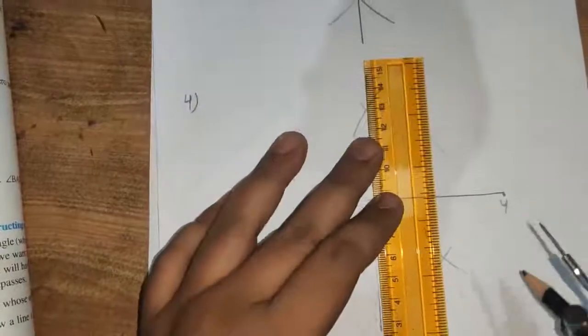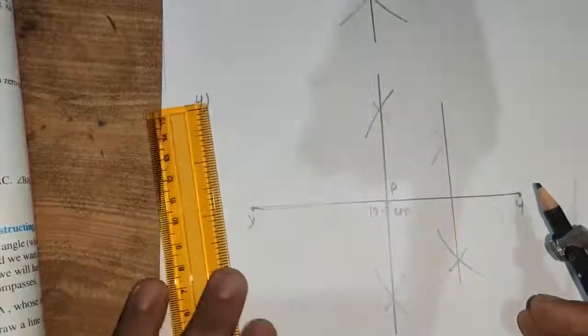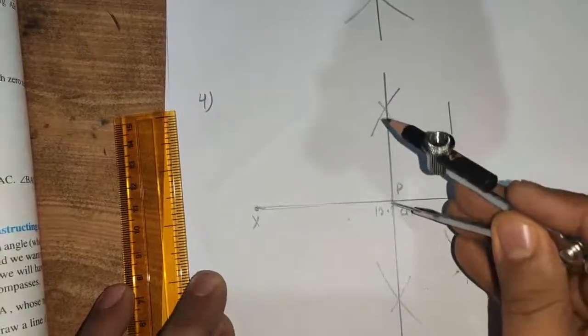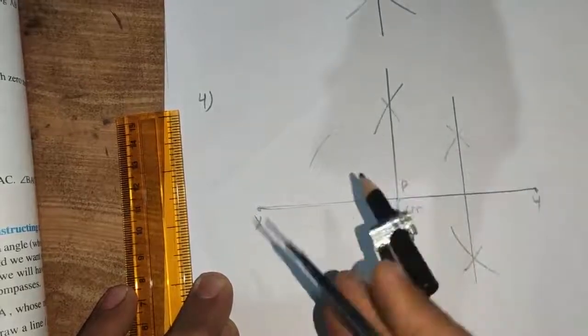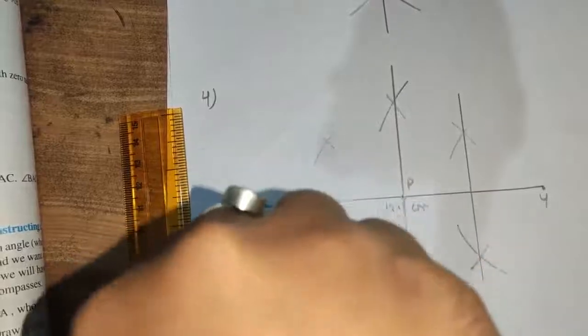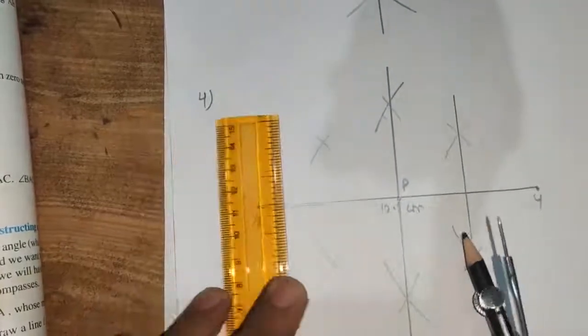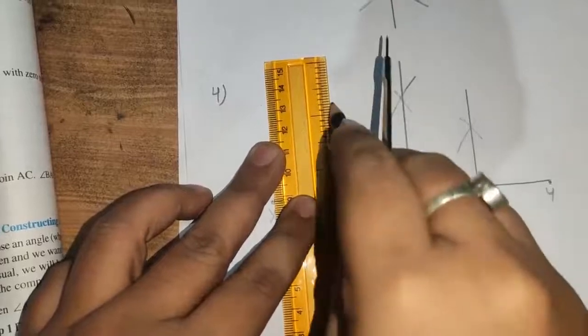Then we will join the line, and this line divides PY into two equal parts. Then from P one upper arc, then another lower arc, and then from X one upper arc and another lower arc. Now here it is also divided into two parts.